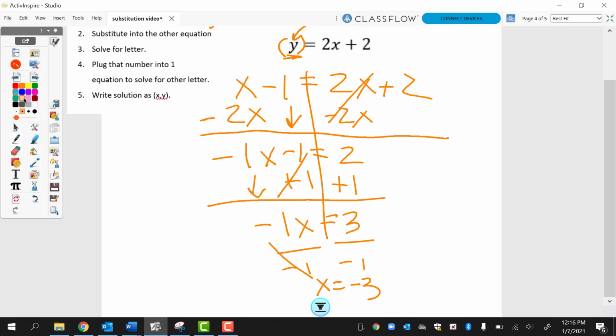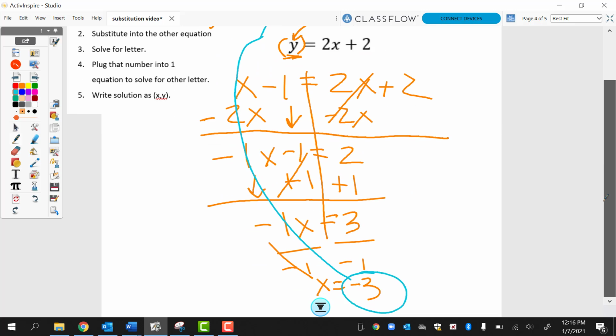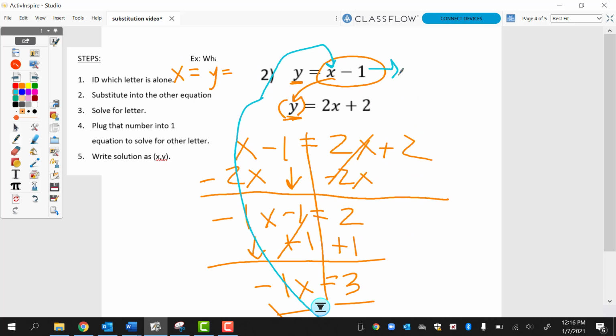And then I know I got to plug that in. -3, got to plug it in for x. I'm going to plug it in way up there, where the x is. Okay, so that's, what did we say, -3 minus 1. You type that in the calculator, you get -4.